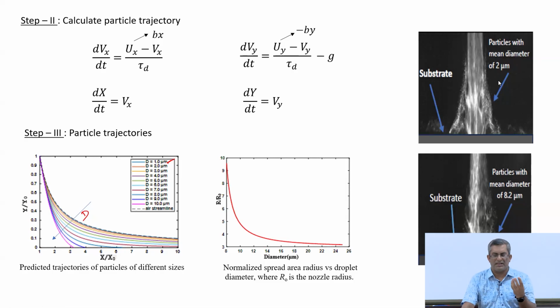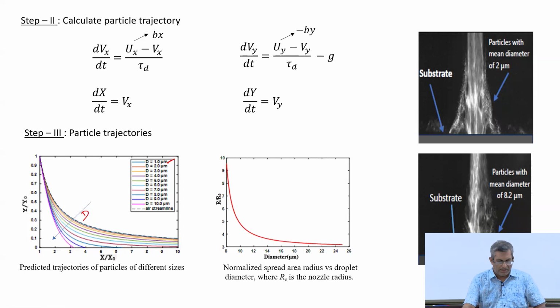In this case, 2 micron particles, or average diameter is 2 micron. Here you see the drifting of the particles. However, in this case when we use around 8 micron particles, mostly it is deposited, which is a very good validation of the simple theory.